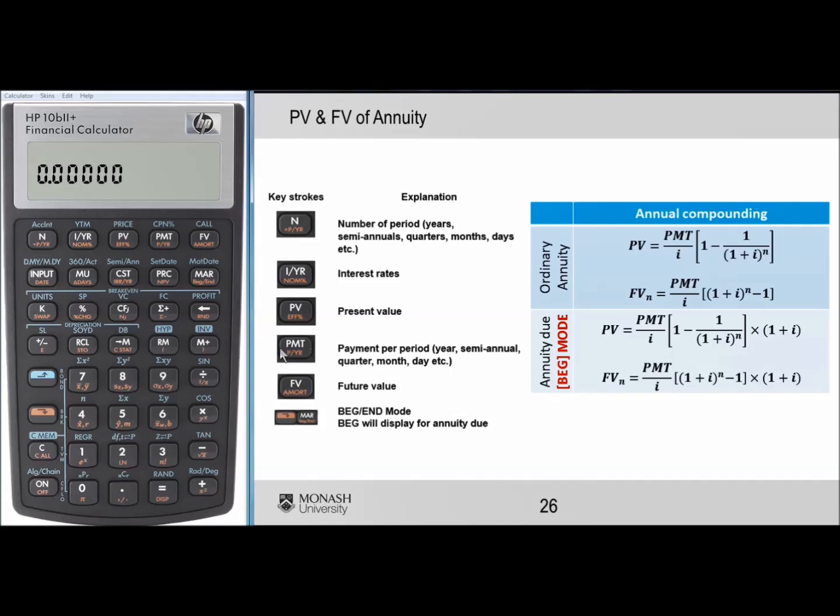And we also have PMT, representing payment per period. These buttons allow you to toggle between beginning and end mode. Ordinary annuity has to be operated using end mode. Annuity due has to be operated using beginning mode.